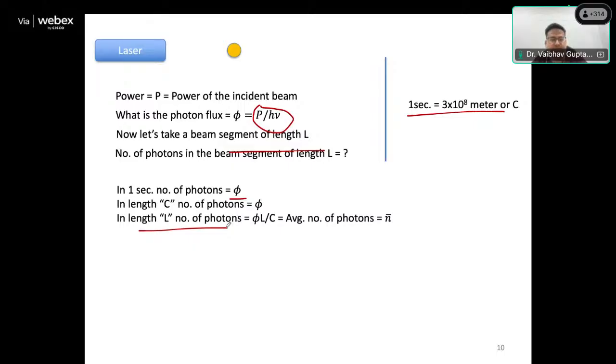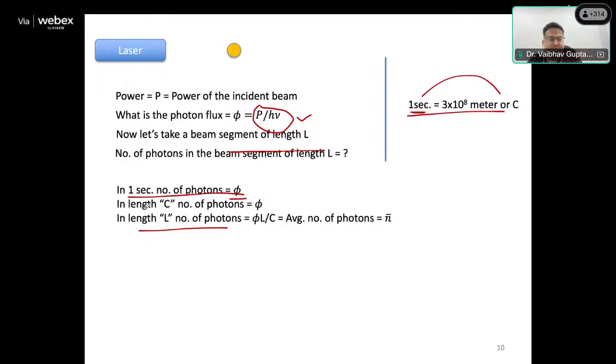I hope that is clear, because in 1 second you have phi photons, since by definition photon flux is the number of photons in a second. And how much is 1 second? 1 second is equal to c. What is c? c is 3 times 10 to the power 8 meters, which equals 1 second, because that much distance is traveled in a second.